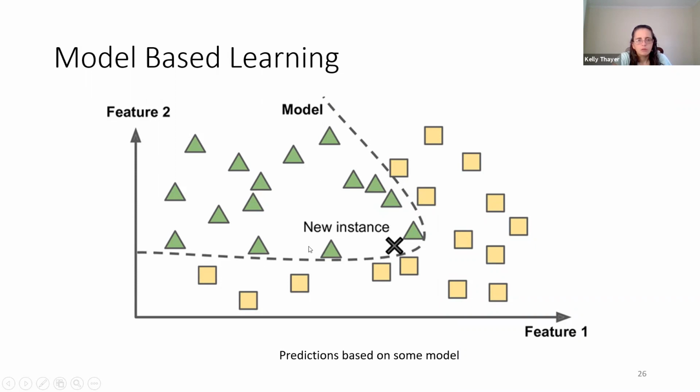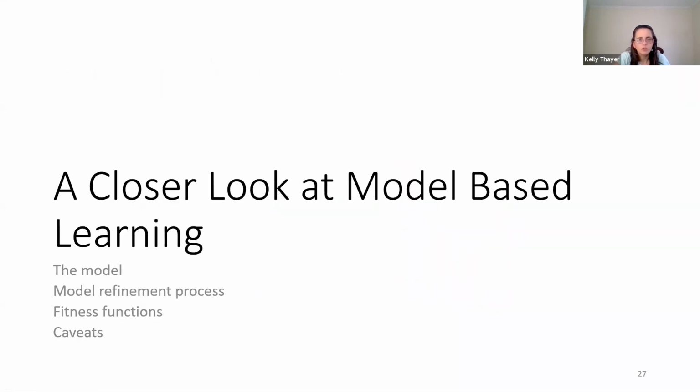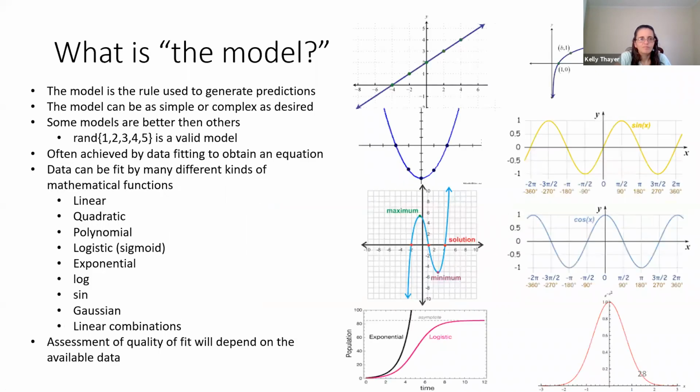And then we would want to understand whether this new instance should be considered a triangle or a square. Model-based learning is primarily what we're interested in, and oftentimes what we think of when we're thinking about machine learning. So let us take a closer look at model-based learning.